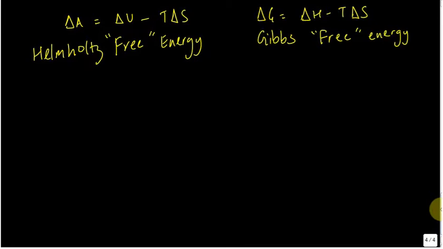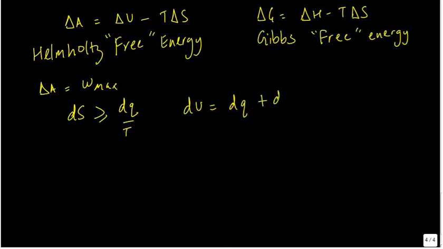Now, the maximum amount of work that can be gotten from a system is essentially delta A equal to work maximum, and that's very easy to prove. The idea is to take the Clausius inequality and take the first law. So instead of dq, write dU is less than TdS plus dW.